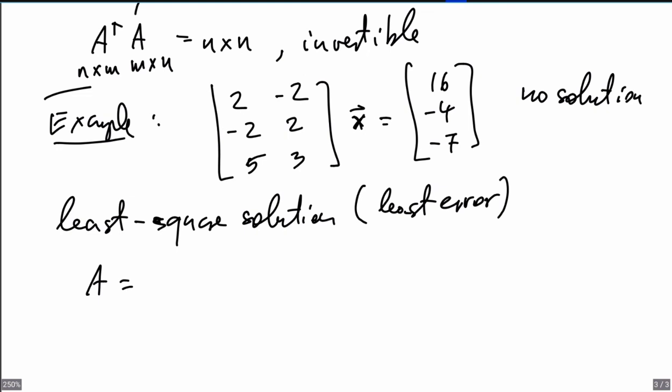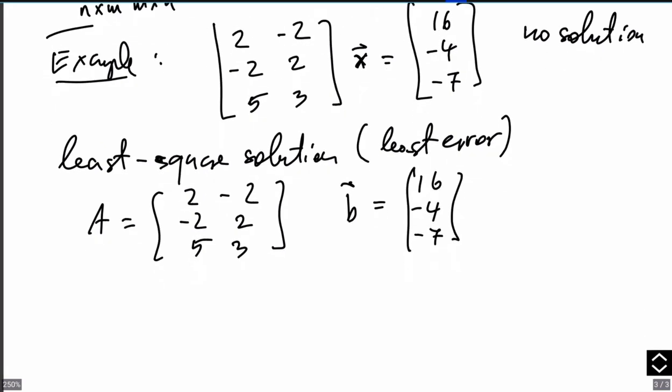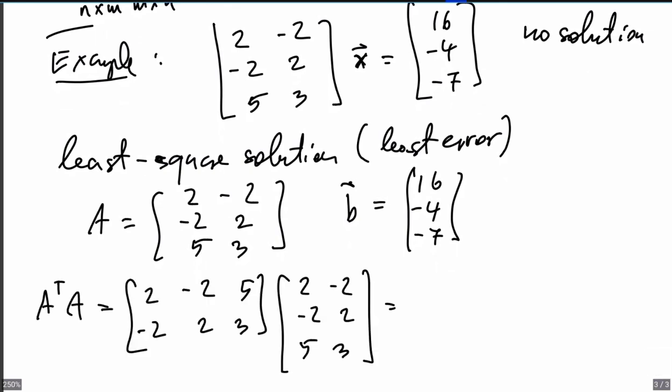So here A is the matrix 2, minus 2, minus 2, 2, 5, 3. B is the vector 16, minus 4, minus 7, the right hand side vector. Then we need A transpose A: 8 plus 25, 33, 7, 7, and 17.